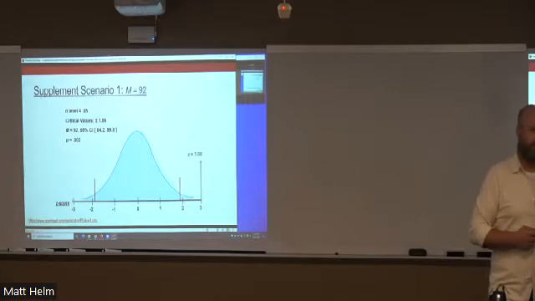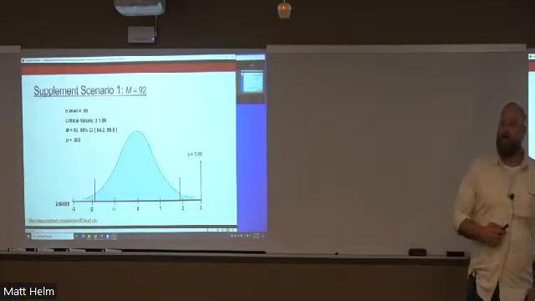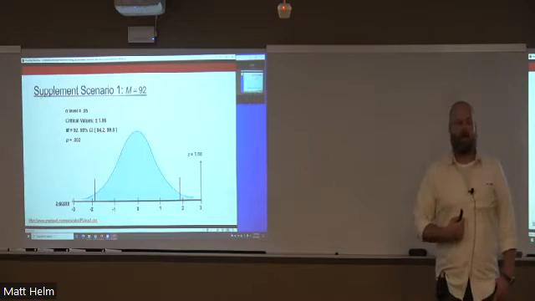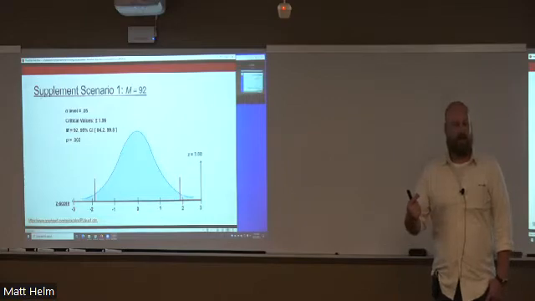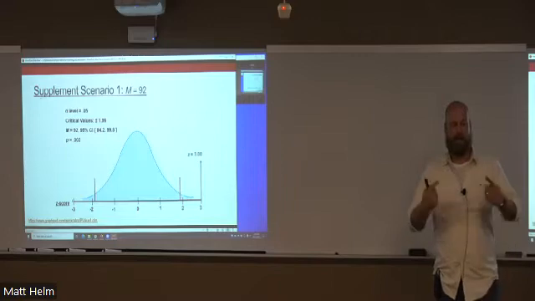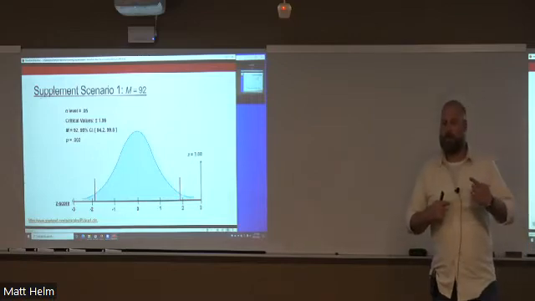Could I ever have a p-value greater than 0.05 and then have a confidence bound that doesn't capture the null value? Could I get discordance across those two? Yep.